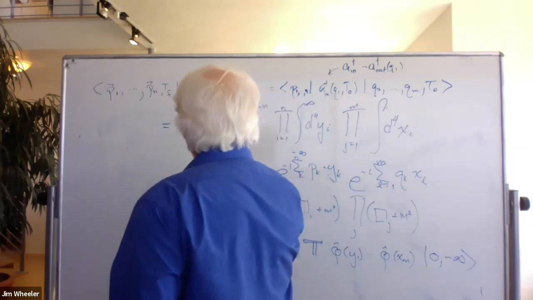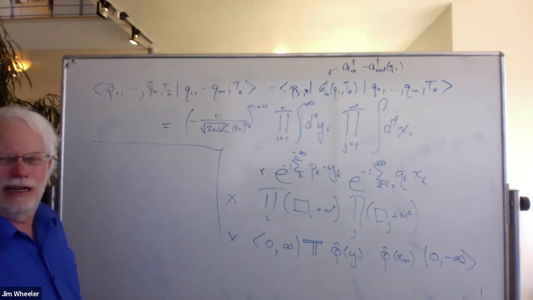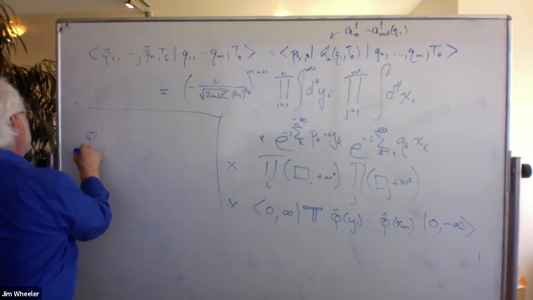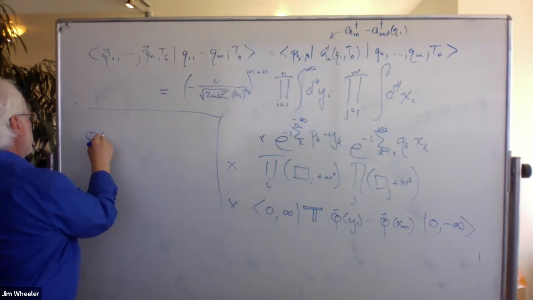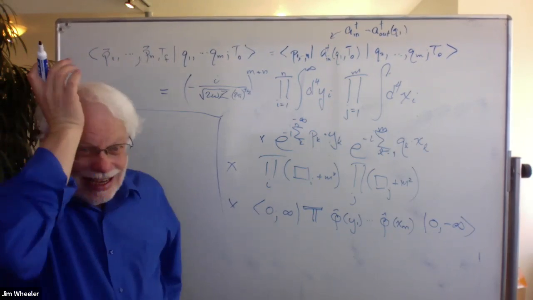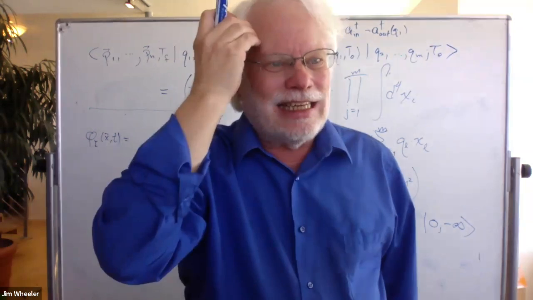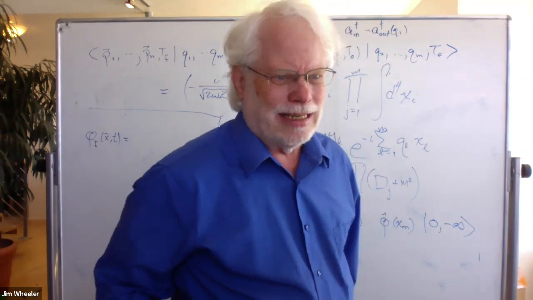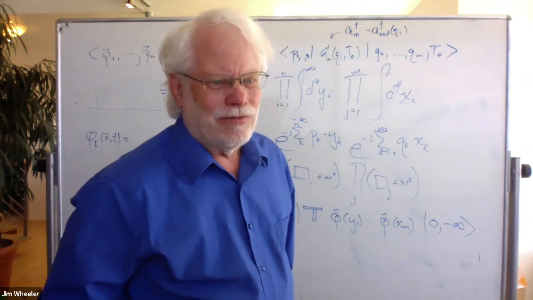Let's define the interacting fields. I hate to erase this, so I'll leave it up here for a while and work over here if you can see this side of the board. So I want to define the interaction picture field as more or less the opposite time dependence from the usual.